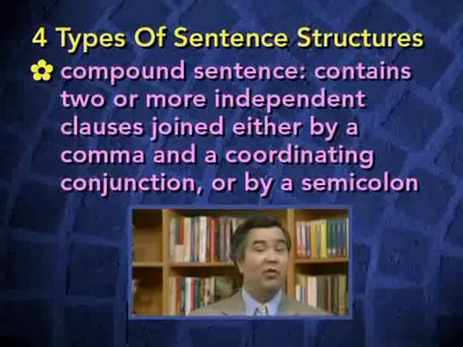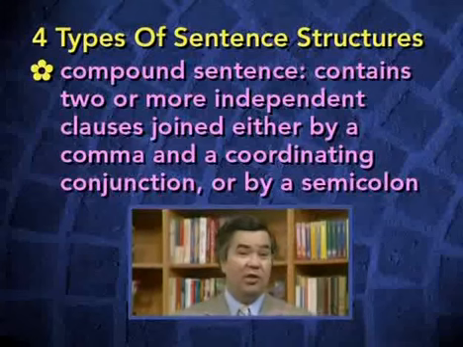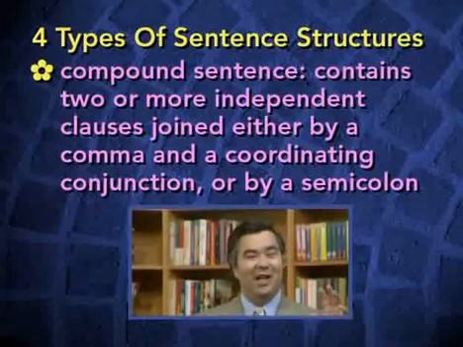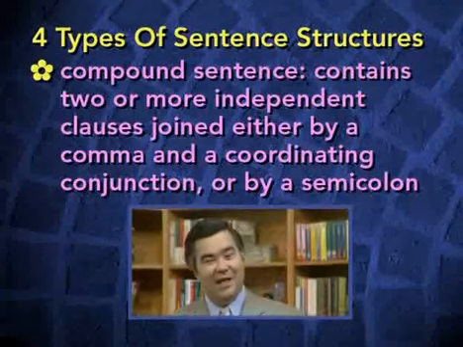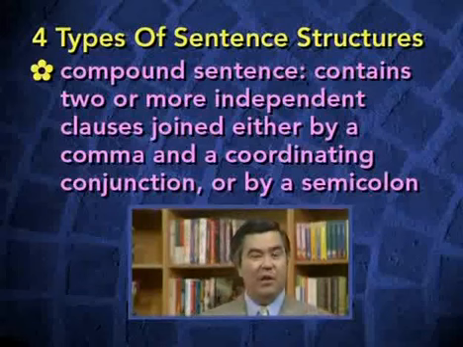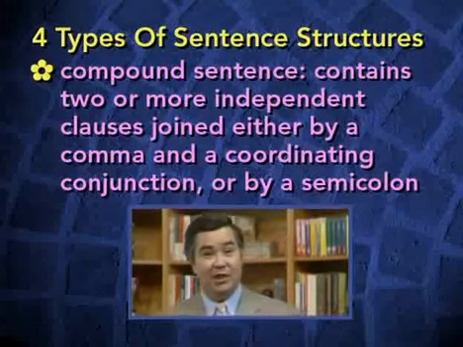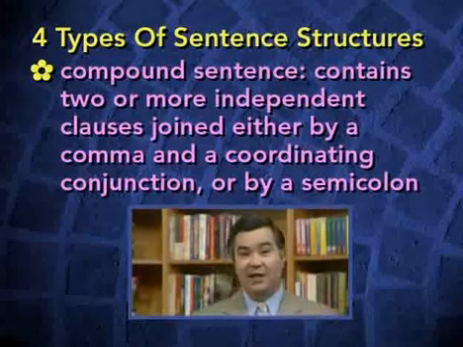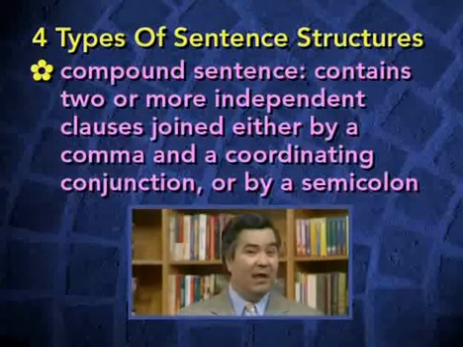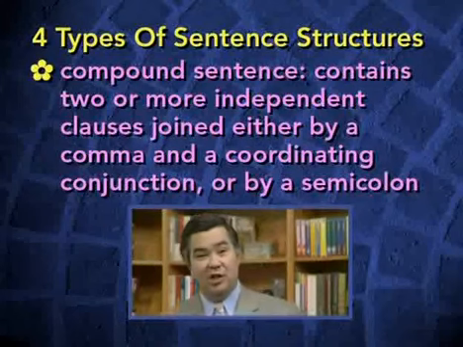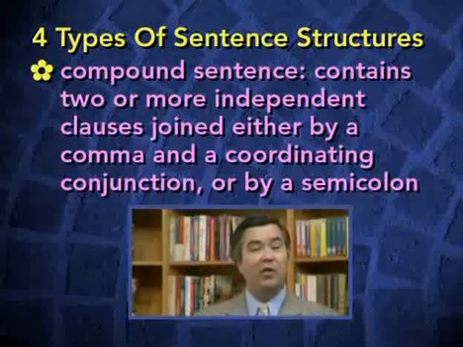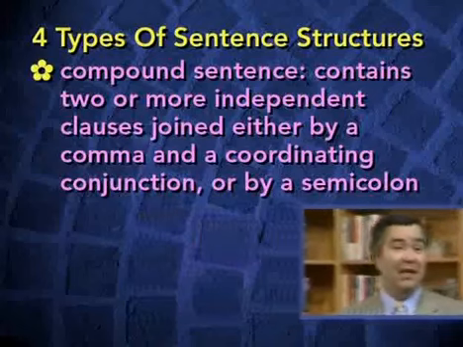Now, when you have two independent clauses and you want to join them together, you have to do it according to certain rules. There are basically two alternatives, two ways of making that connection. One way is by using a comma and a coordinating conjunction. There are a few different words that are called coordinating conjunctions.